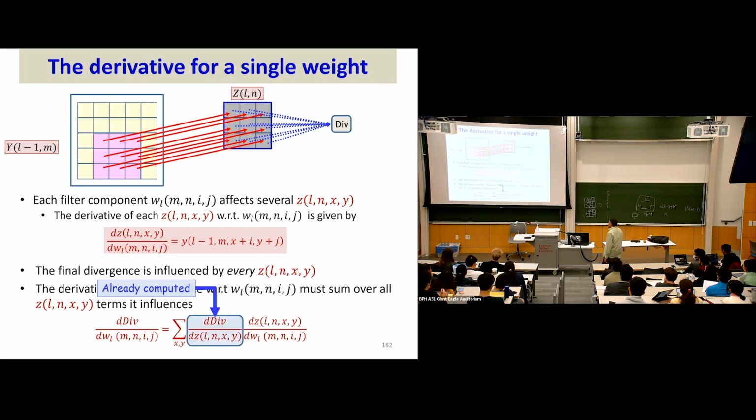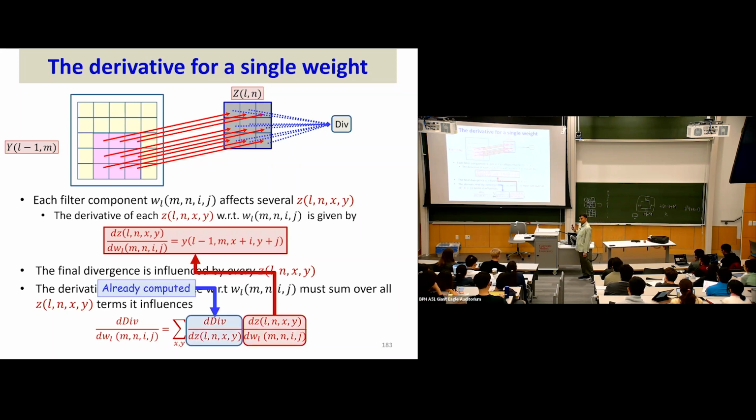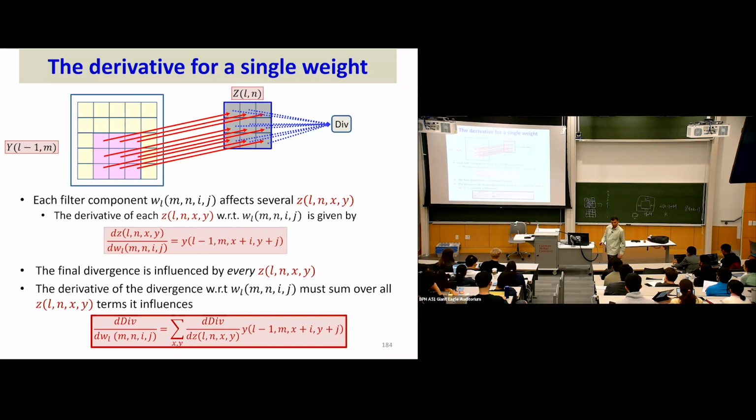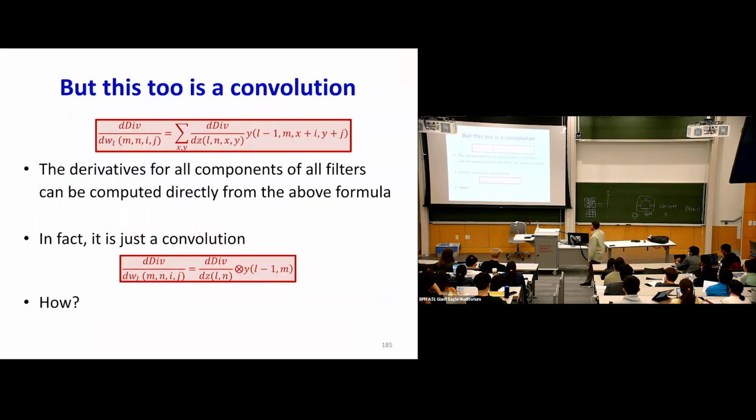So this term is already computed. I can just plug this in, and so that's my formula. Everybody with me, right? I can just plug this formula in and I will get my answer. This is my overall formula for computing the derivative of the divergence with respect to every element of every channel of every filter.